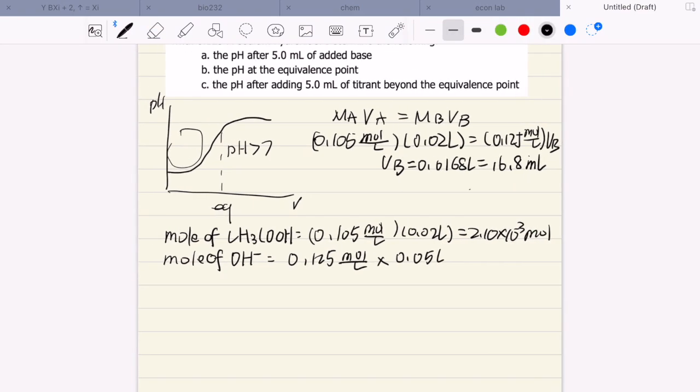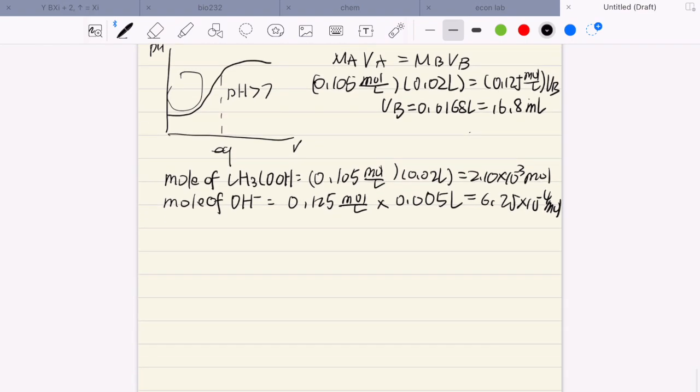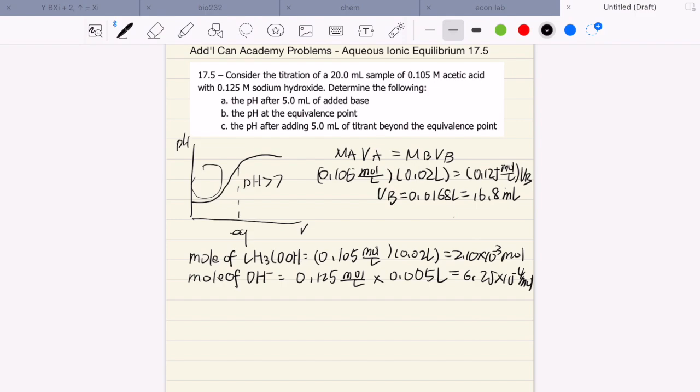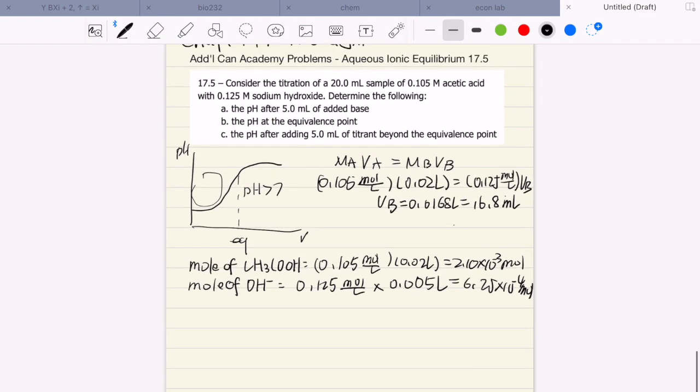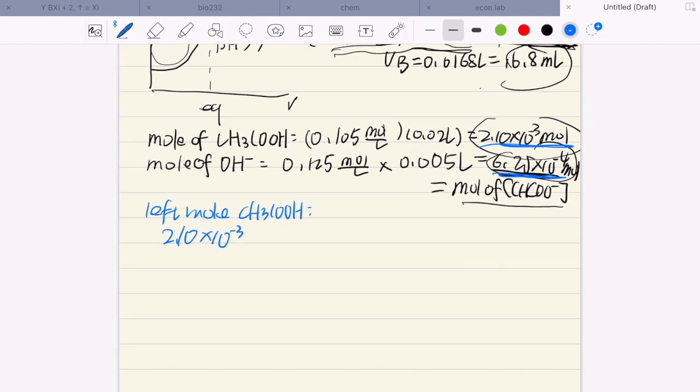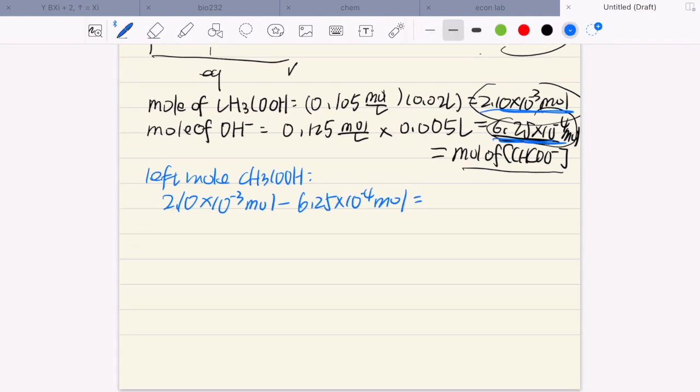And you can see the number of moles we get, which is 6.25 times 10 to the negative 4 mole. Then we can subtract the strong base added to get the leftover amount of weak acid. So we calculate the remaining moles of this weak acid, which equals the number we get.